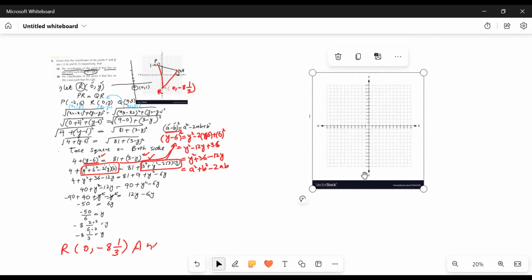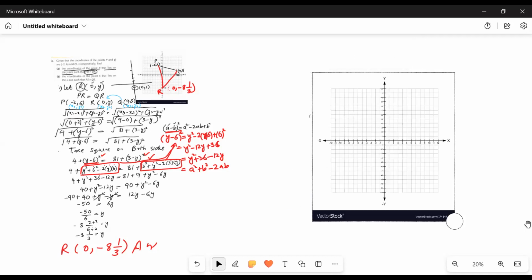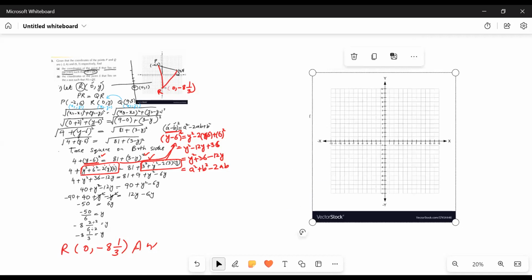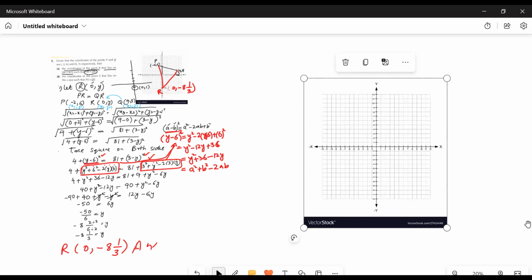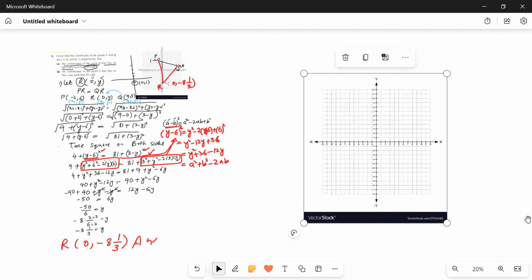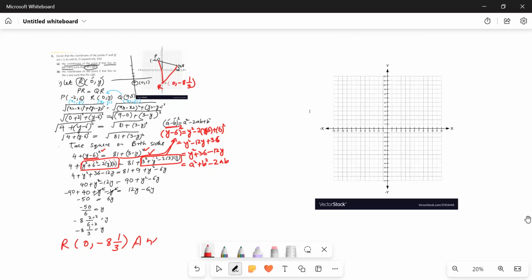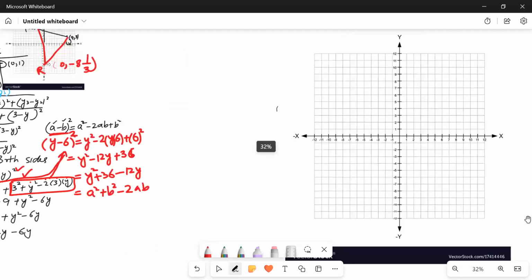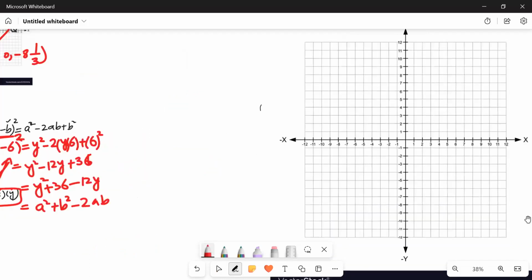Okay, now for the second part, P and Q are the same points. P is -2 and 6, so this point is here.